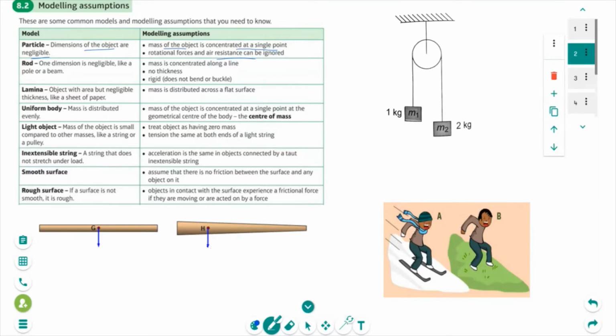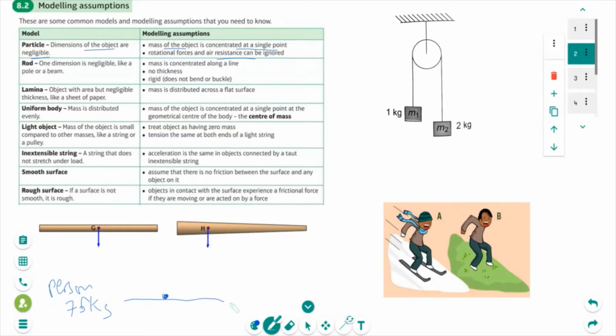So quite often, if you have a person, suppose you've got somebody who is 75 kilos in mass, standing on the floor. Instead of drawing a person, you can model the person as a particle.